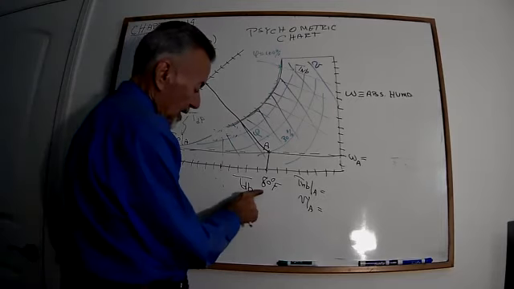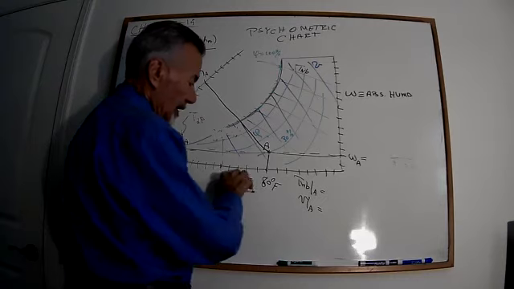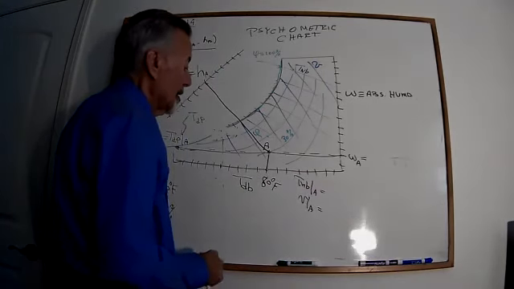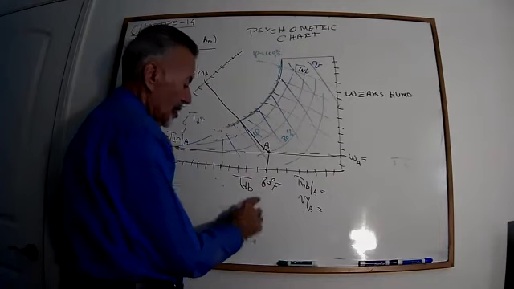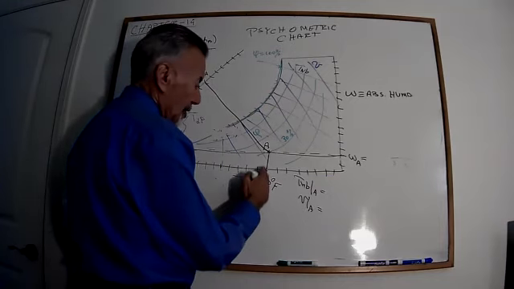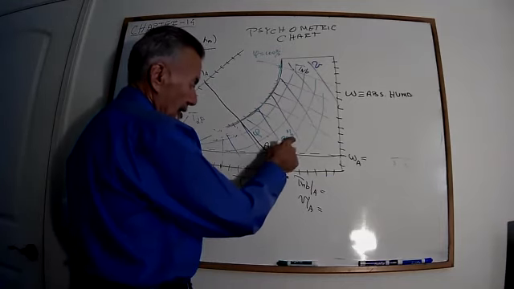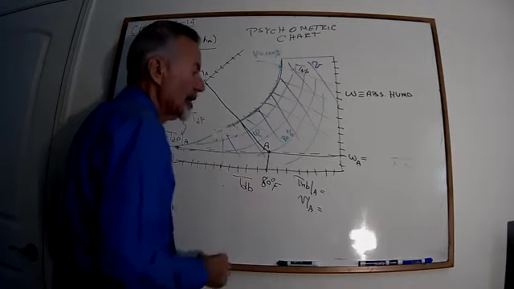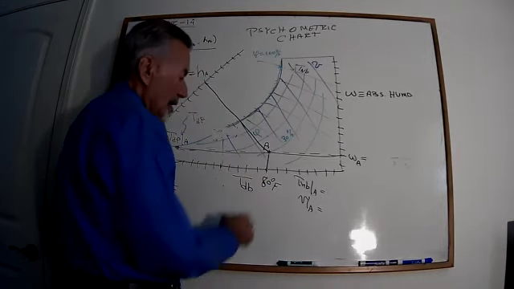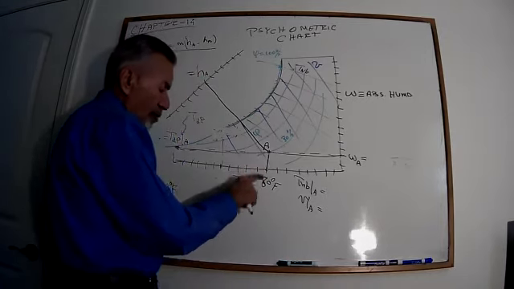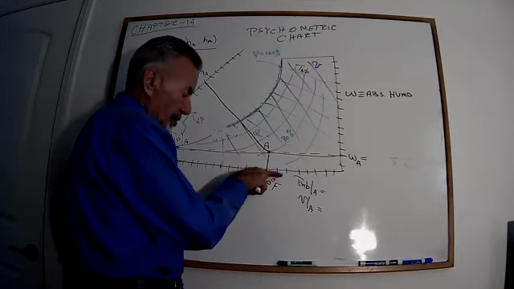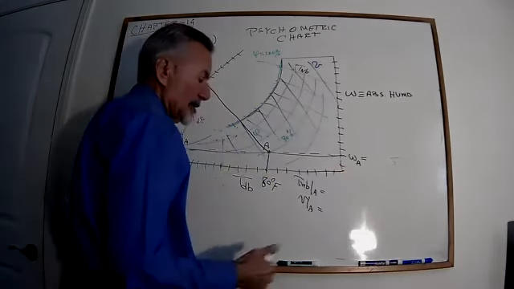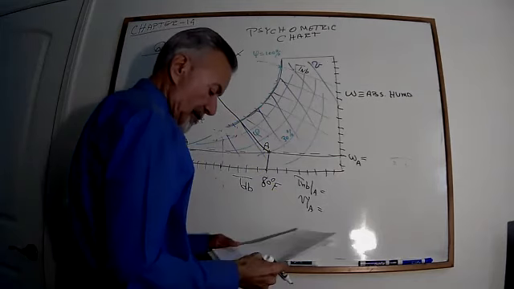Again, I find the 80 degrees Fahrenheit line on the English unit psychrometric chart. I draw a perpendicular line until I hit the 30%. That identifies my point A. Now that I have my point A, I draw a parallel line to this axis, or perpendicular line to the omega axis, whichever you prefer saying.